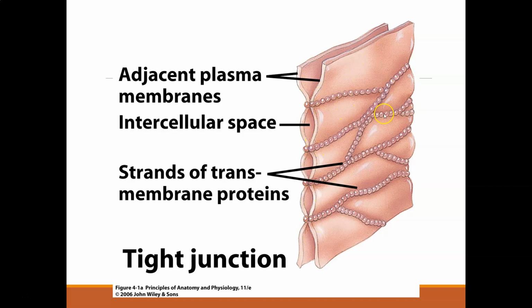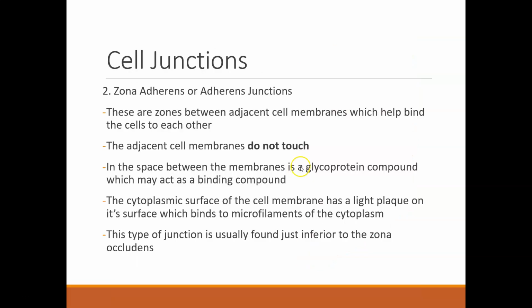If any of you here in class are actually spot welders, this will look very familiar to you. These transmembrane proteins actually glue together, one on either side of the membranes that are touching, and these transmembrane proteins glue the membranes together, making them tight and waterproof. Okay, very similar to spot welding.